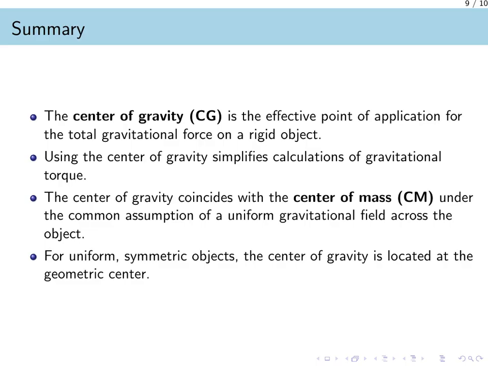This leads to a simple rule for many common situations. For any object with a uniform density and symmetric shape, such as a solid sphere or a rectangular beam, the center of gravity is located at its geometric center. The main takeaway is that the center of gravity is a tool that simplifies torque calculations.